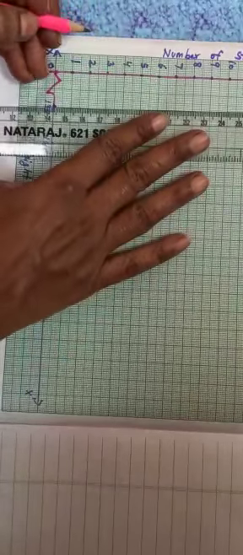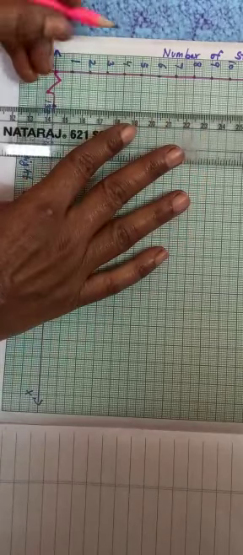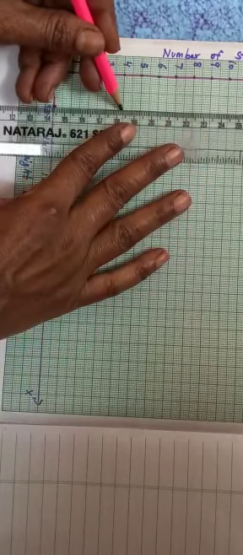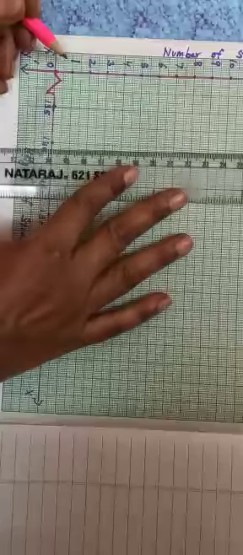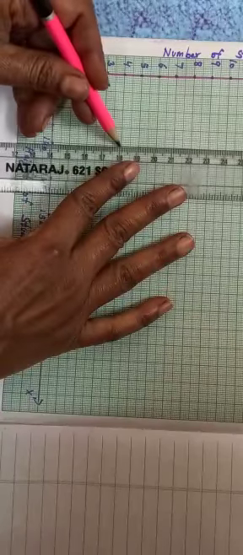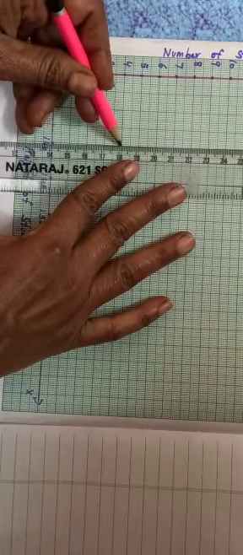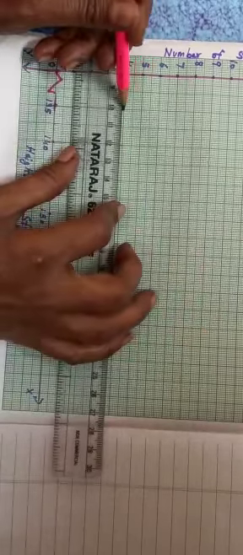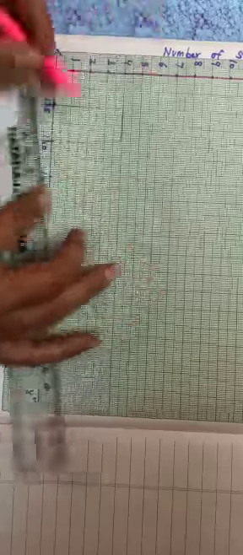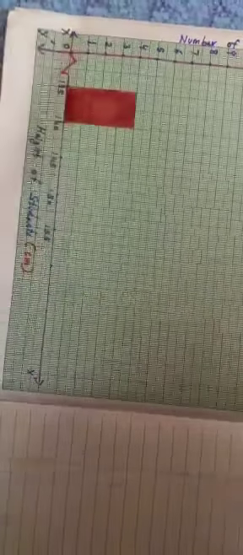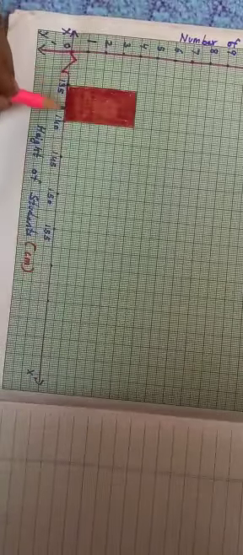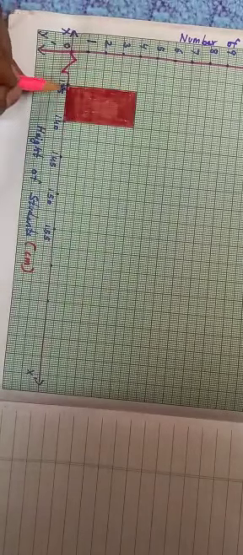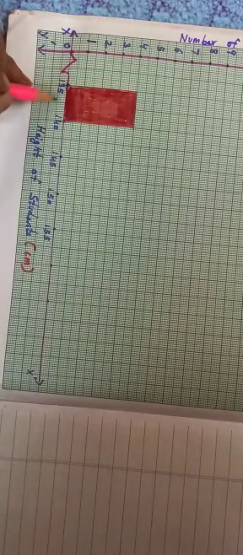So here I will draw, and afterwards we can color it. This way you have to draw the rectangle. I have drawn the first rectangle with 135 to 140.